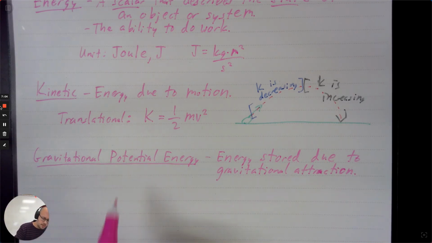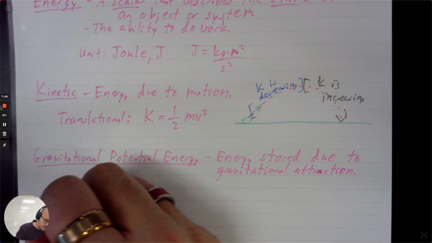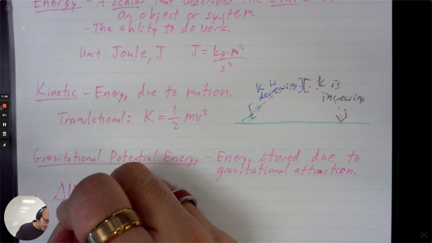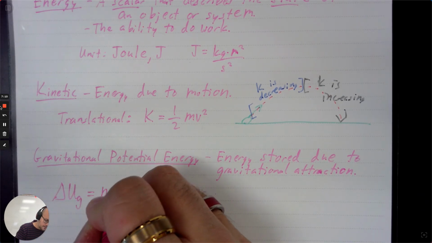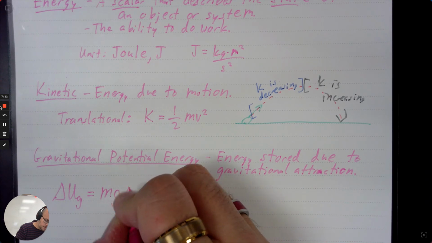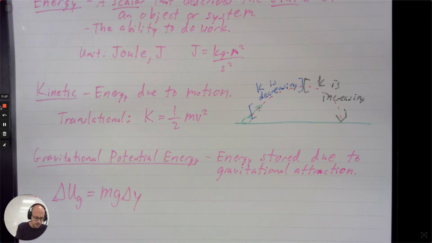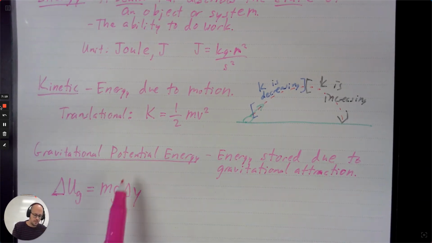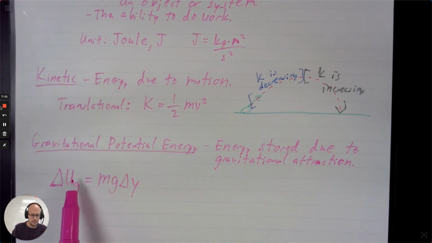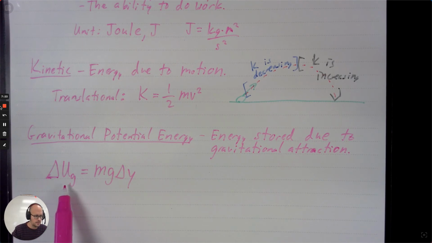So gravitational potential energy has the following equation. I am probably not going to use it exactly like this in the equations that we complete, but this is the official equation from your equation sheet. The variable for potential energy is the capital letter U. We think of the letter U as used to describe internal energy of something.